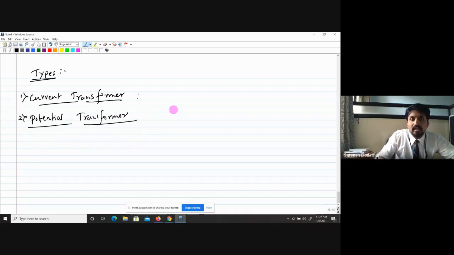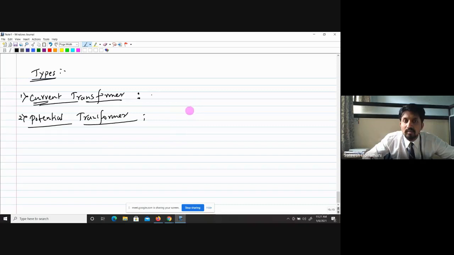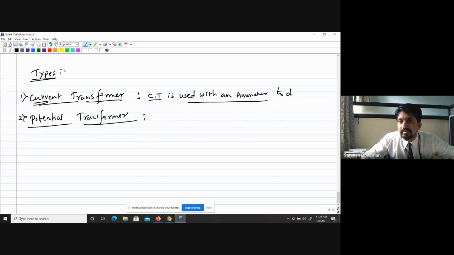Then what is a current transformer and what is a potential transformer? As the name itself indicates, the current transformer, in short called CT, is used with an ammeter to determine the current flowing in the circuit.